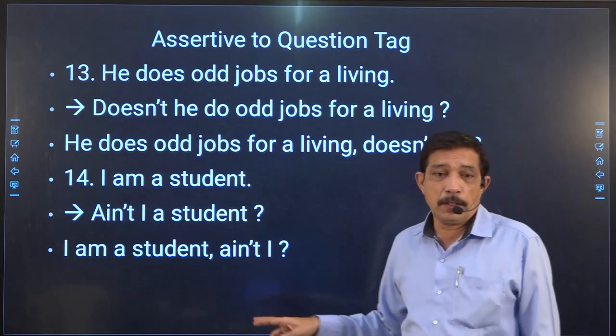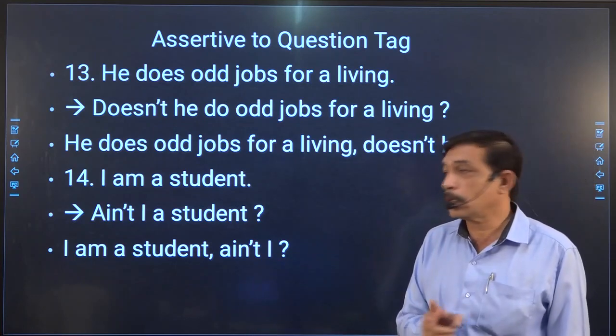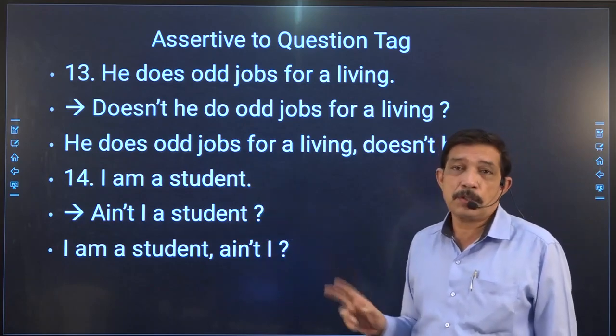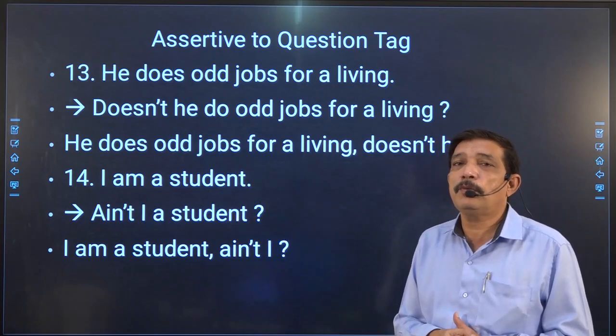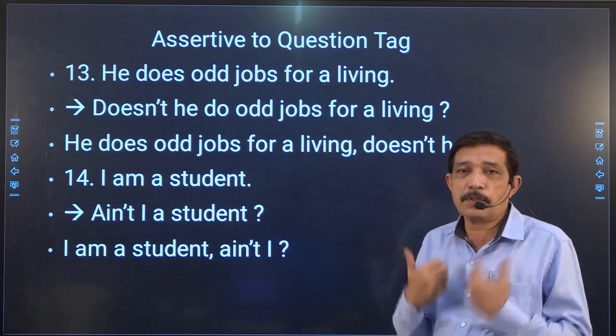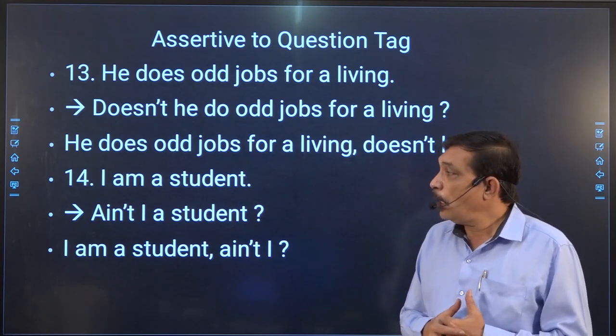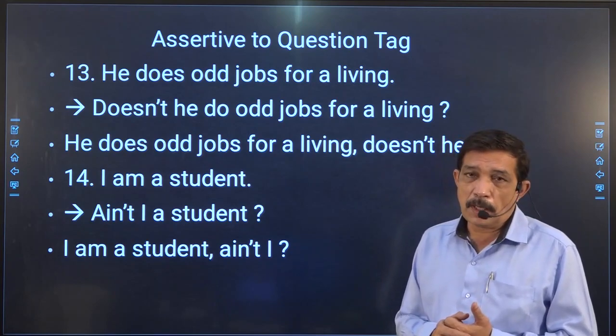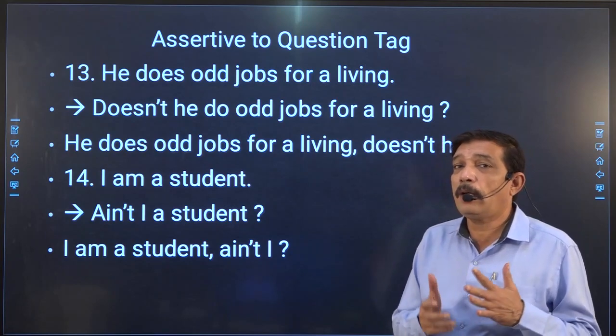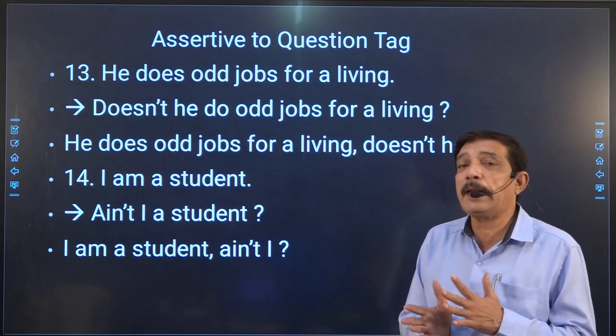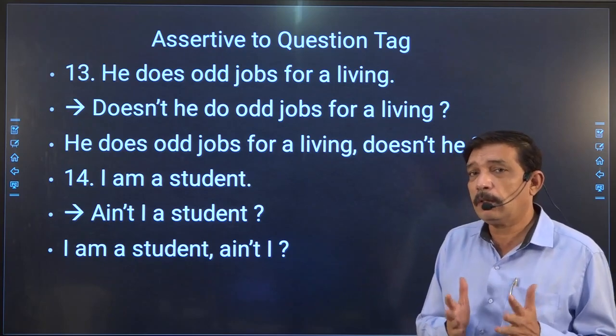Students, to note over here, there can be two answers for I am a student, because we know the plural form of the first person I is we, right? So we are students, right? Aren't we? Now aren't, are or are not, can be used with I also in rare cases.